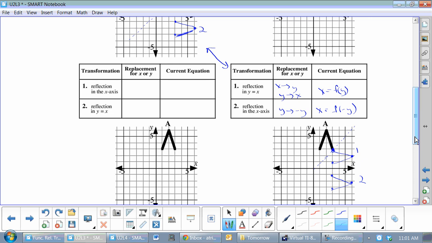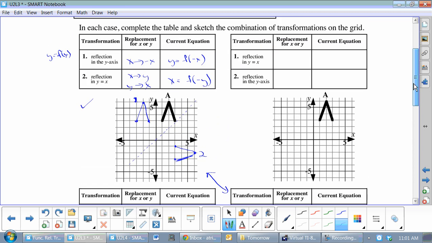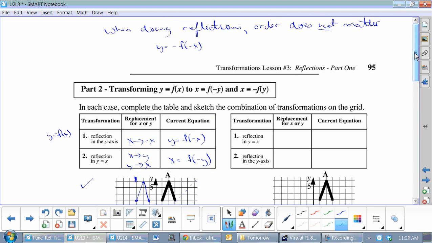Okay, so why is this different? This negative up here changes things. So I guess, above, when doing reflections, those two are the same. Okay, but always be careful when x goes to y and y goes to x.